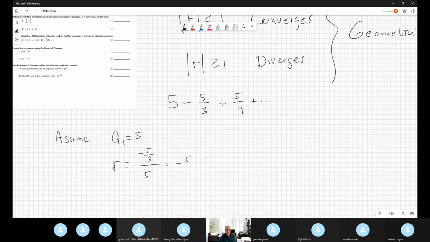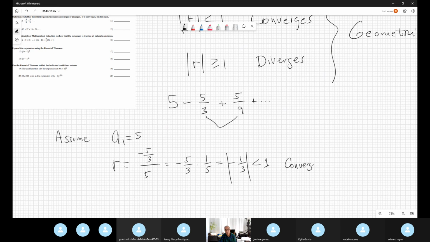And negative 5 over 3 times reciprocal 1 over 5 is negative 1/3. So we have this series, and this series is geometric. If you want verification, again, you divide this by this, you get the same answer. And the absolute value of the common ratio is less than 1, therefore it converges.